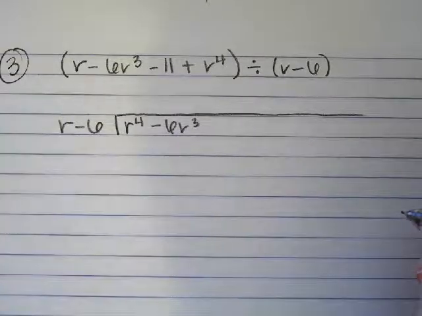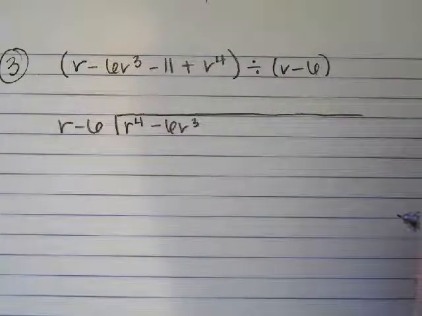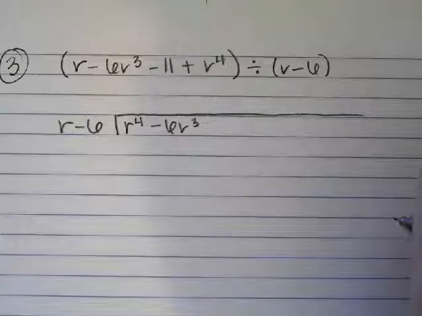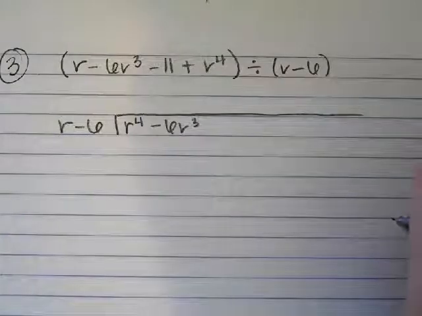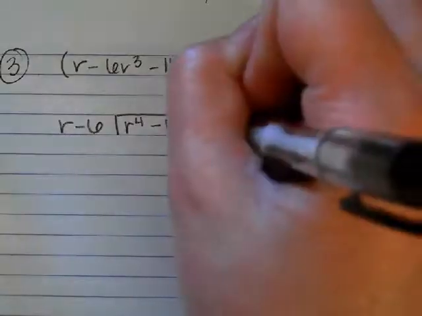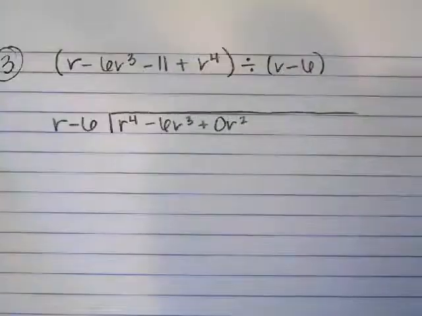Yeah, so this one was written out of order and it had a missing term. So we have to make sure that the exponents are written in decreasing order, but we also have to make sure that all exponents are accounted for. So we have the fourth, the third, there's no exponent squared. So we have to put plus 0r squared. I have to make sure that one's accounted for, 0r squared.